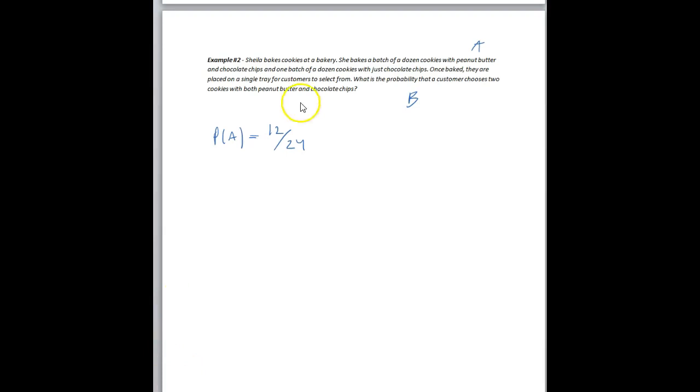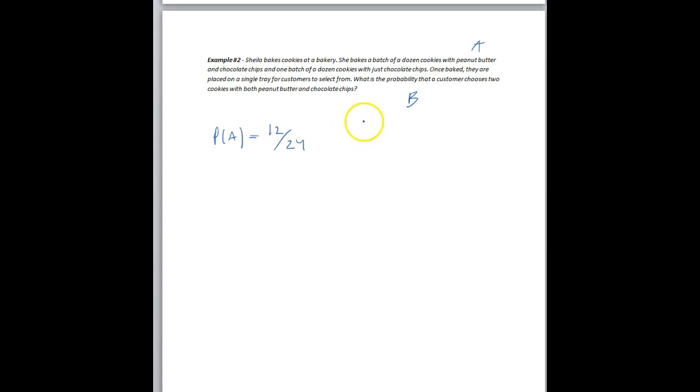And then the probability of choosing another one of those cookies is just the conditional probability, the likelihood of getting it given that you already picked one. Because you already picked one, it takes one away.